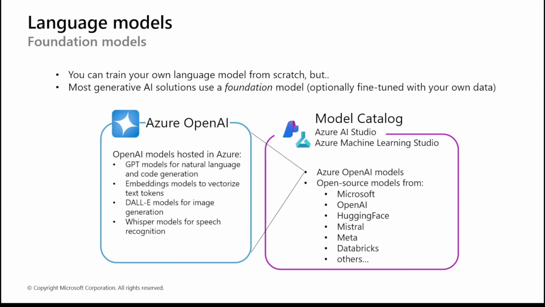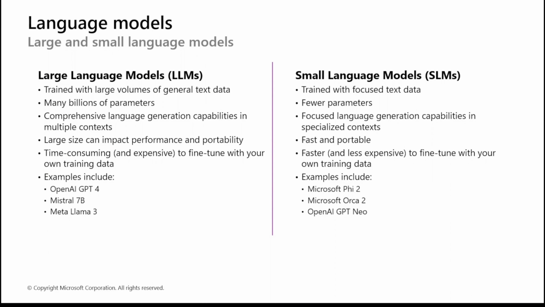So again, very good. Now, when it comes to language models, there is a large and a small language model. So let's talk about the difference for a little bit. Many language models are available and you can use the power of generative AI applications. In general, language models can be considered in two categories: large language models, LLMs, and small language models, SLMs.